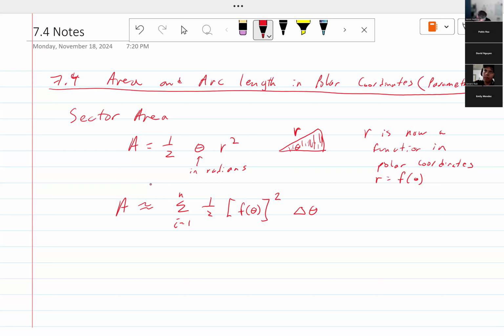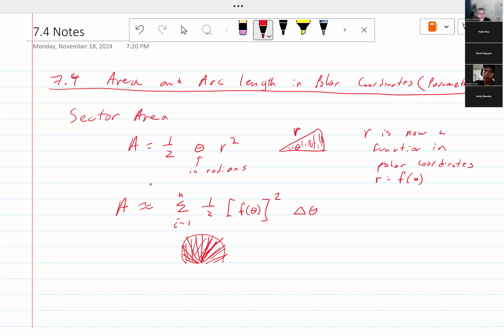So if I had some sort of curve and I want to find the area of this curve, I would get all of these radii that go out, all of these different r's, which is f of theta. Then we would get these cheese wedges, and we would find the area of all these little cheese wedges.